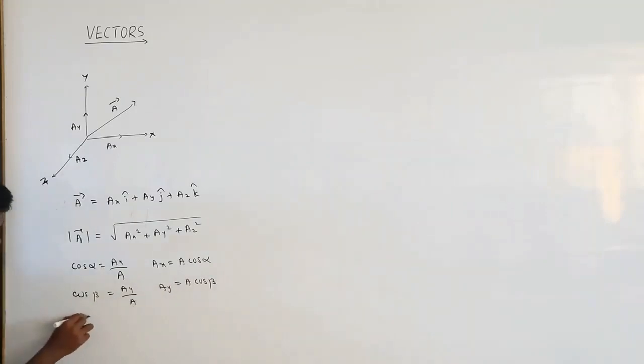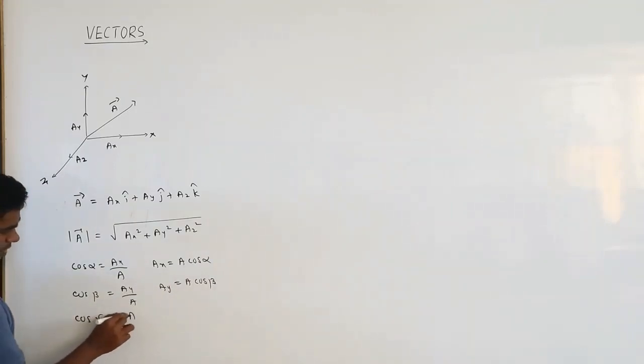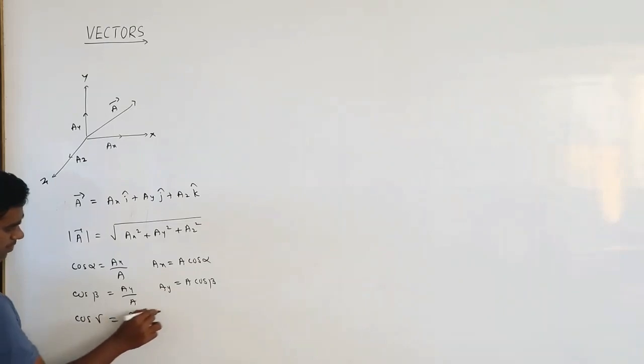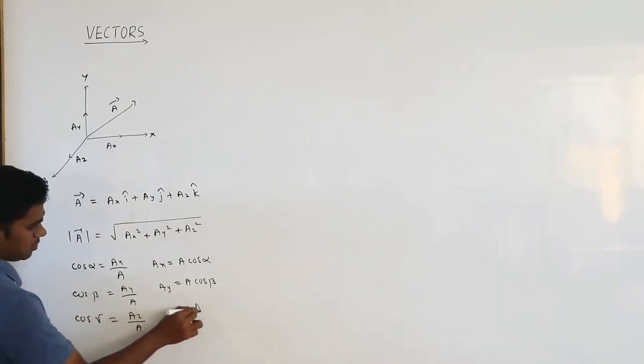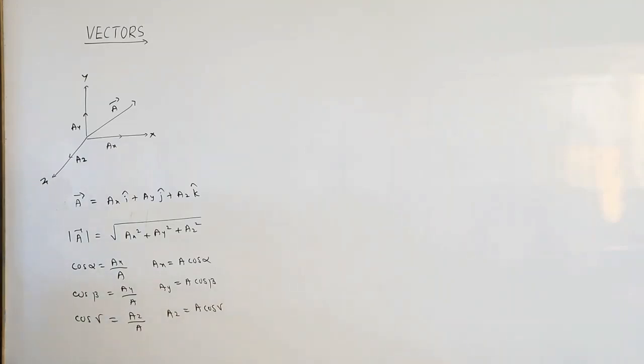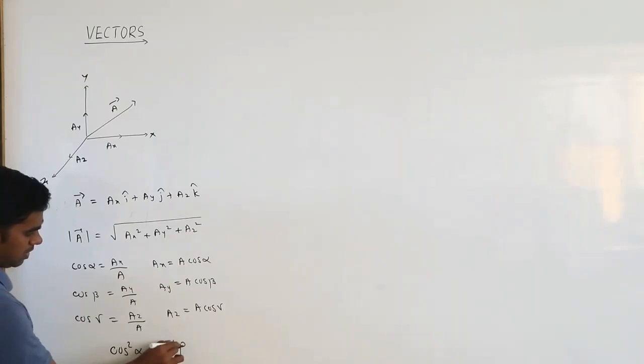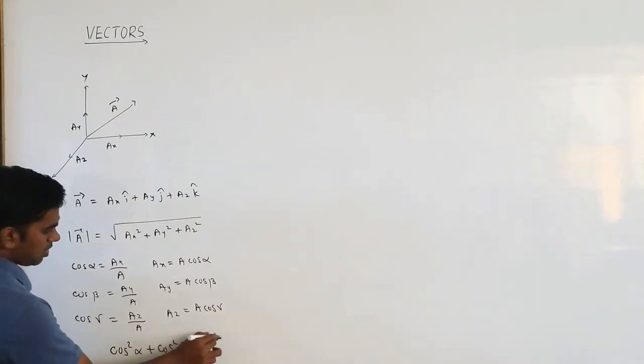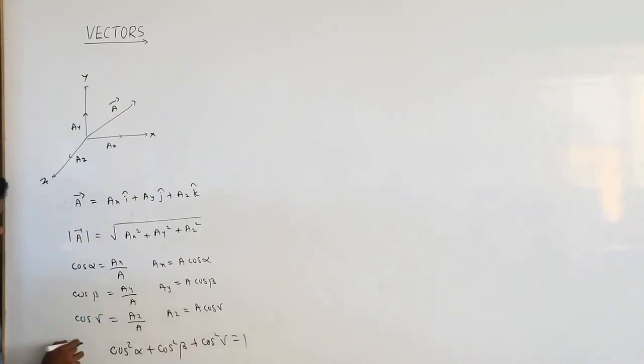Similarly, cos gamma equals Az by A, so Az equals A cos gamma. With the help of this, we get one more result: cos square alpha plus cos square beta plus cos square gamma equals 1. This is also a very important relation.